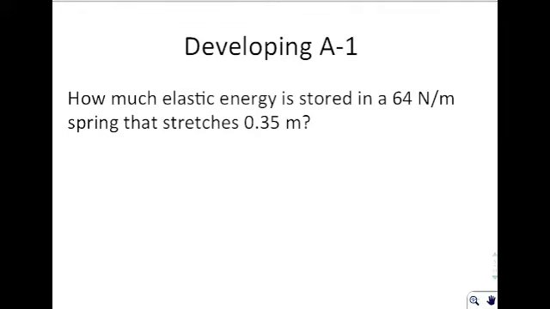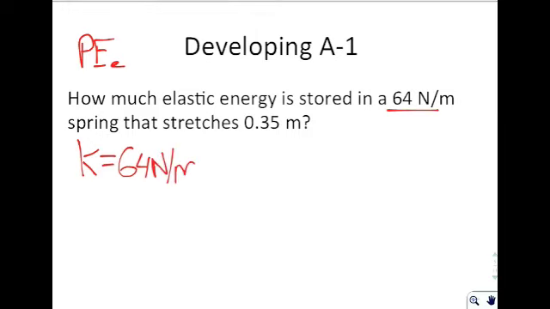So let's look at a couple of examples. The first one says how much energy is stored in a 64 newton per meter spring that stretches 0.35 meters. So I'm trying to figure out what the elastic potential energy is, and this right here is my k value. I know it's my k value because of the units. It's in newtons per meter. This is my displacement value, so I can say it's 0.35.